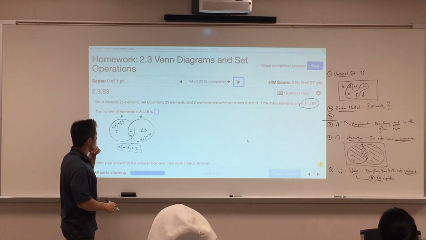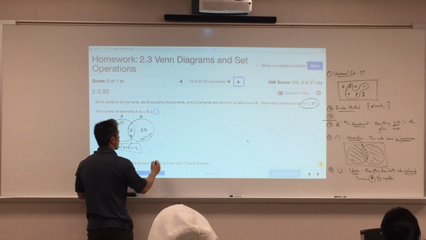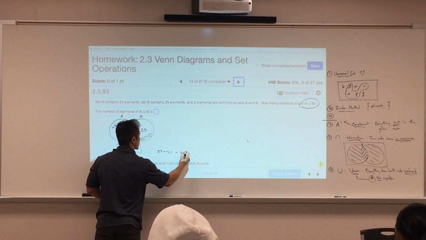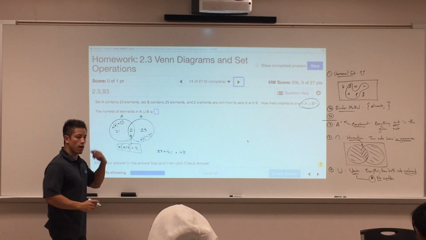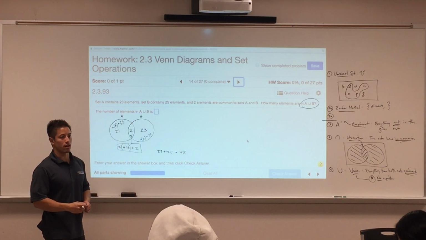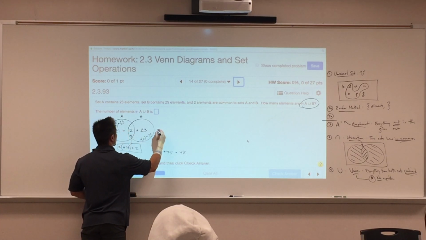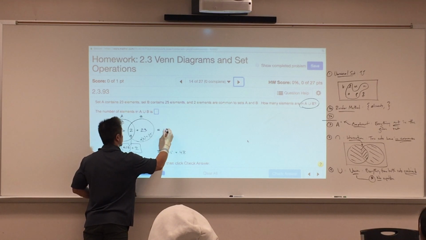If you just do 23 plus 25, what have you just done? You've just added the duplicates in there. Does that make sense? You cannot do that. So 21 plus 2 plus 23 is a total of 46 elements.